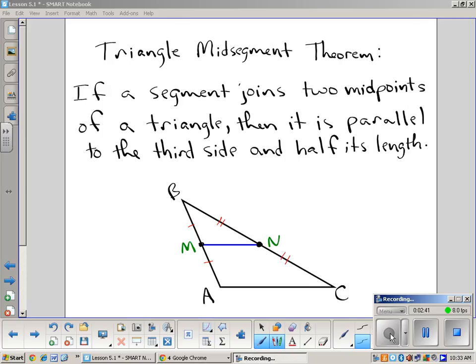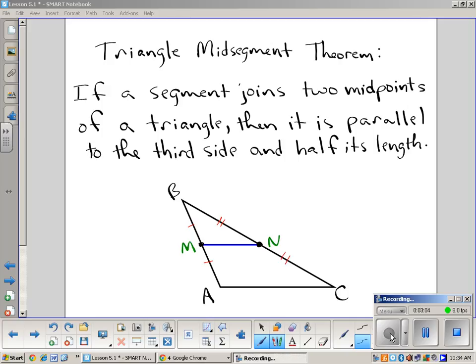Okay? Now, write that down, because this says a lot, but mathematically it's not hard. The key phrases in there are that we've created parallel lines and it's half its length.